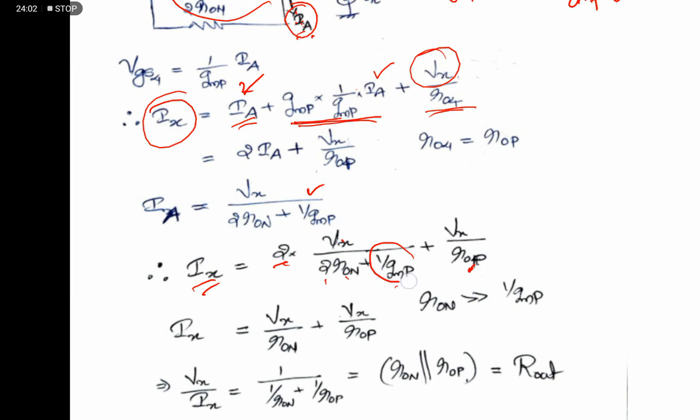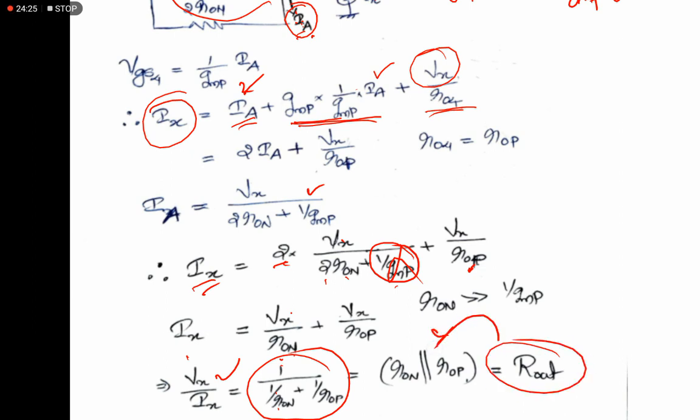As 1 by GMP is very small compared to RO, we can neglect that, and it will reduce to Ix equal to Vx by RON plus Vx by ROP, or Vx by Ix is equal to 1 by RON plus 1 by ROP, or it is nothing but a parallel combination. So ROUT is nothing but the parallel combination of RON and ROP.